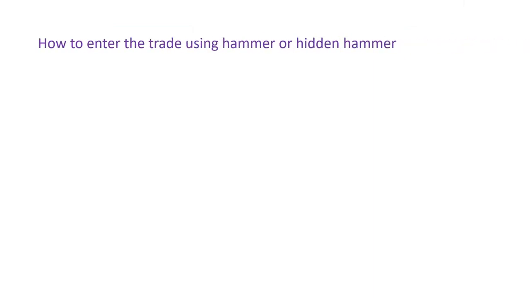How to enter the trade using a single candlestick hammer or hidden hammer. If you watch my previous videos, the first thing I always emphasize is that whenever you want to enter the market, you should follow these steps. Number one, find the overall direction of the trend by using a longer period simple moving average with 50, 100 or 200 periods, SMA 50, SMA 100 or SMA 200, to check whether the trend is going upward, downward or consolidating.